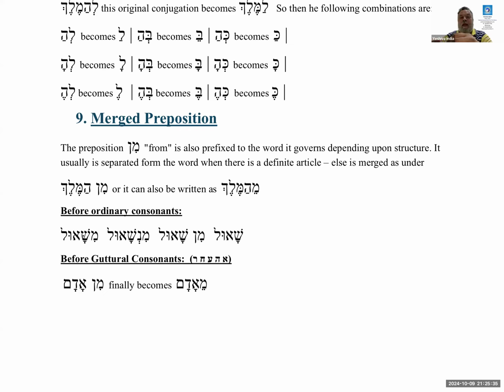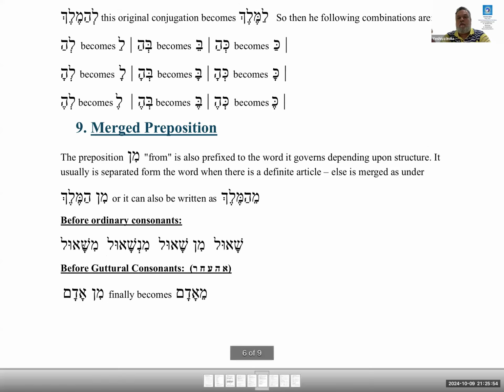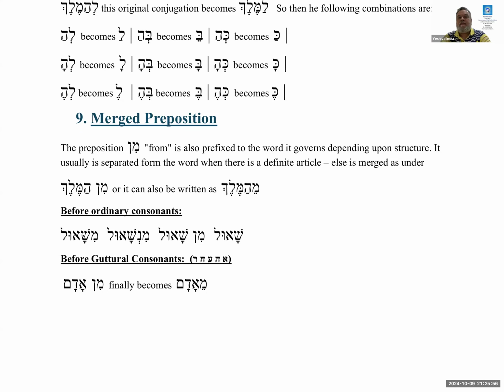So min ha-melech, from the king, can also be written as me-ham-melech. You will remove the hey, sorry, the min, the nun, goes completely silent and is replaced by a sere, and the mem is doubled.